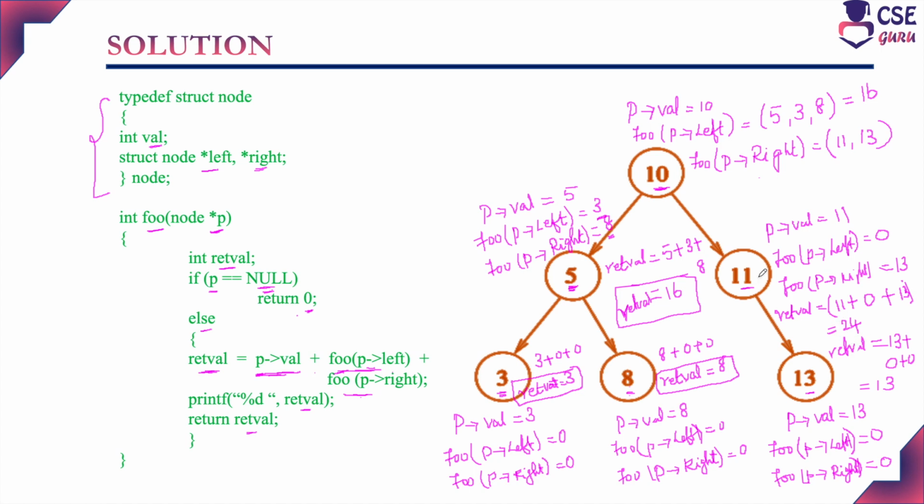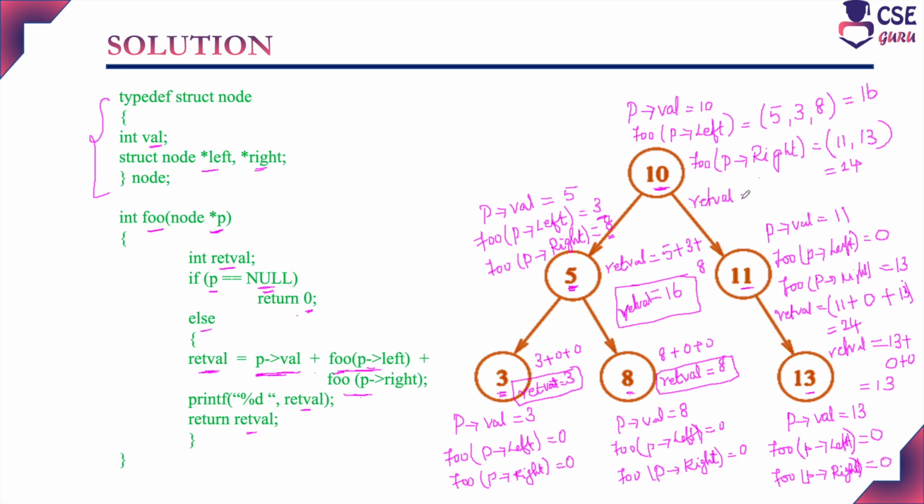Then move to its root node. Now for this root node 10, we have implemented the foo function for its left child, and we got the result as 16. And we have implemented the foo function for its right child, and we got the value as 24. And we need to find the return value for this node. So what is the return value?